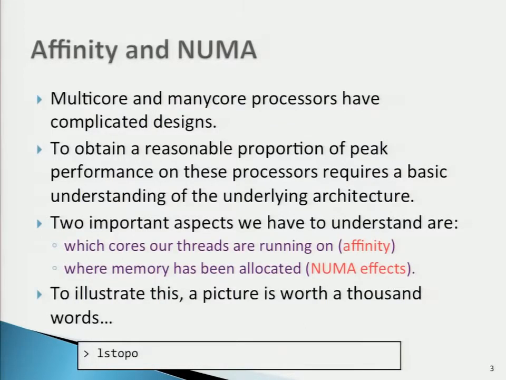If you log on to many systems at CSCS, sometimes you have to load a module file, and you have this application called lstopo. If you're in the terminal and type it in, and you don't have X open, it will just give you some simple text output that tries to draw a diagram of exactly what the different processors and sockets look like, how much cache and how many cores they have.